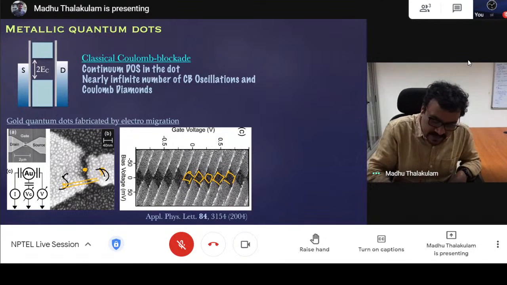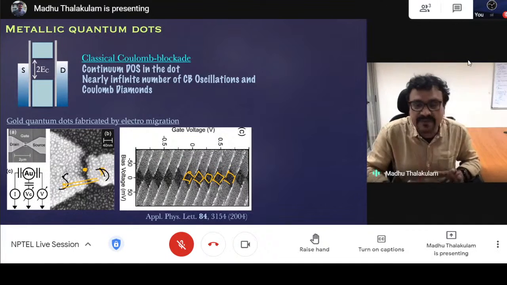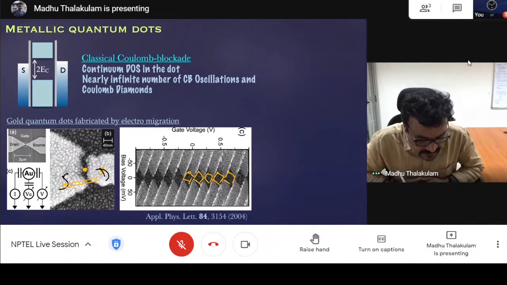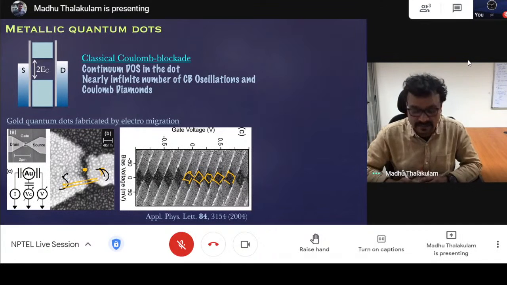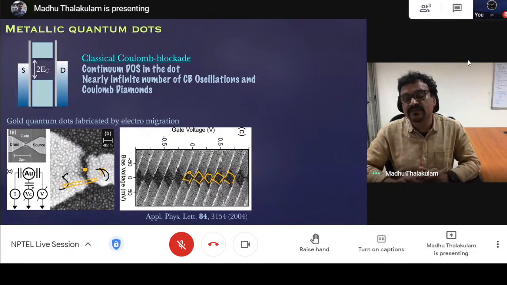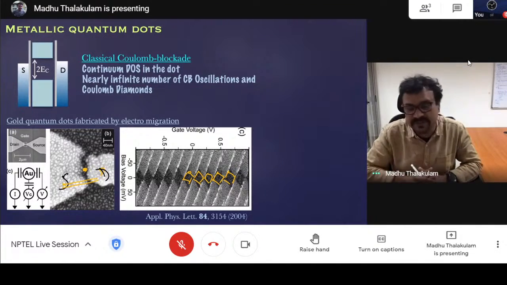Also, I want to emphasize this point here, that whatever level diagrams we have drawn so far are not the quantum mechanical single particle levels. Those are the electrochemical potential levels of the dot as a function of gate voltage.